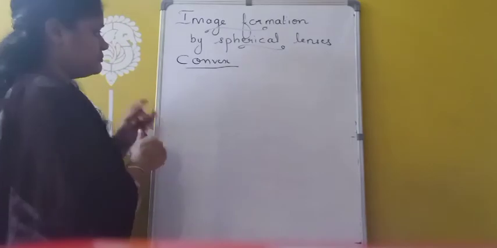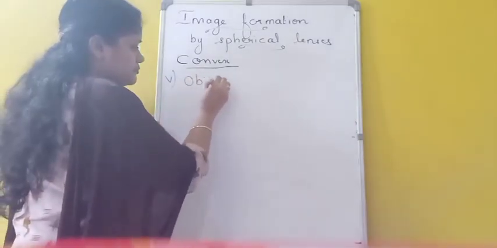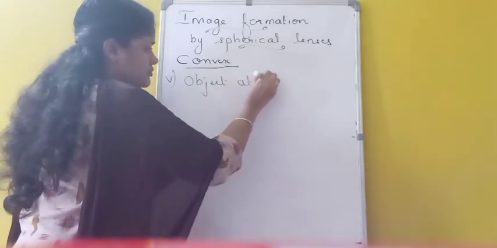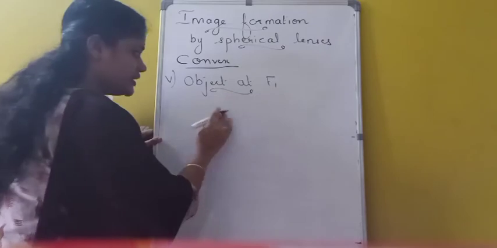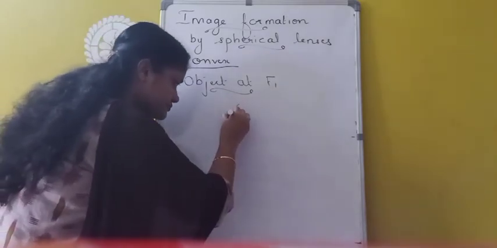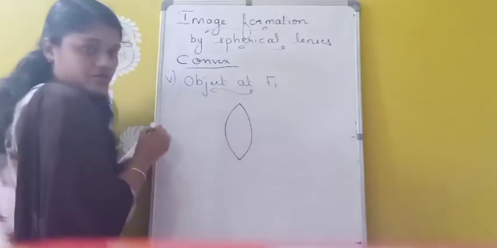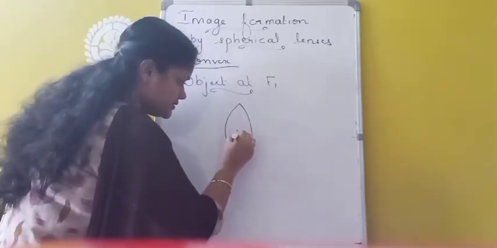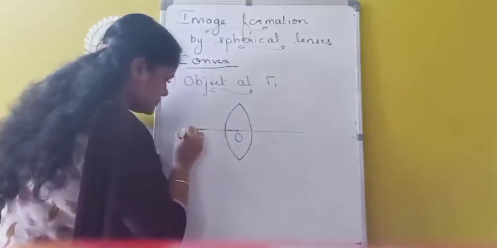Object at F1. Okay. So first of all, draw a convex lens, optic center, principal axis.